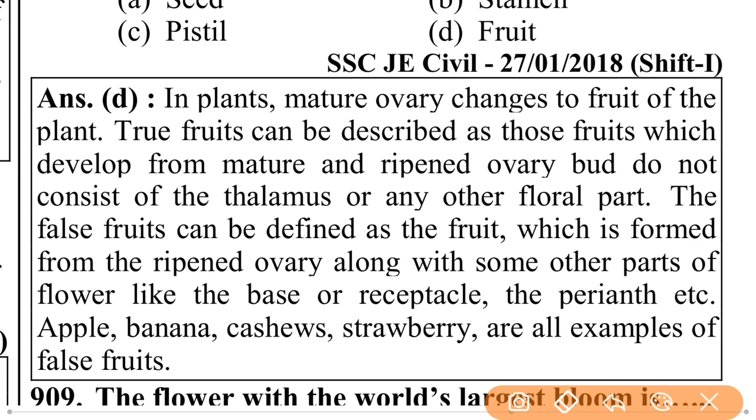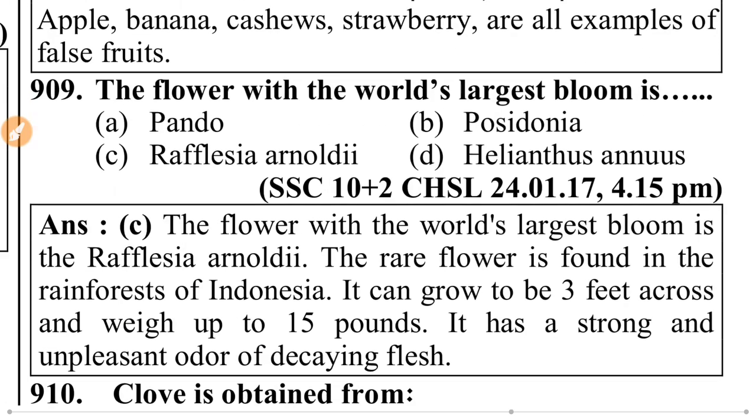The false fruit can be defined as the fruit which is formed from the ripened ovary along with some other parts of flower like the base or receptacle, the perianth, etc. Apple, banana, cashew, strawberry are all examples of false fruit.